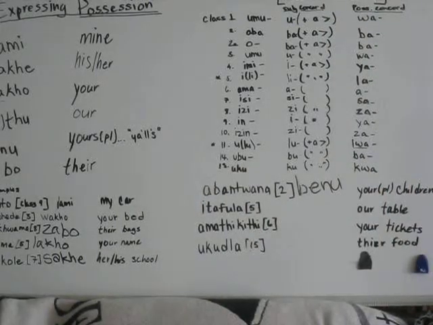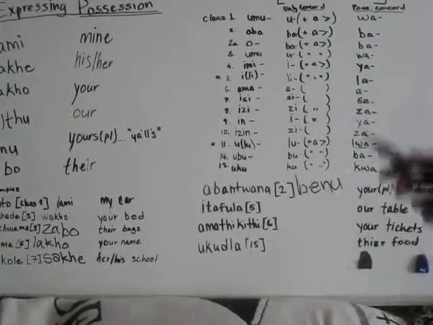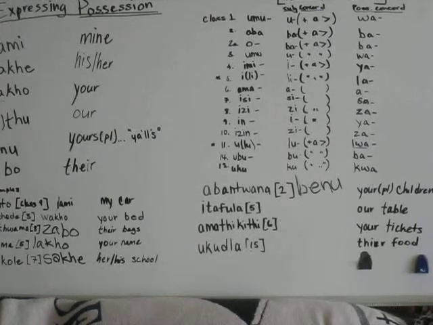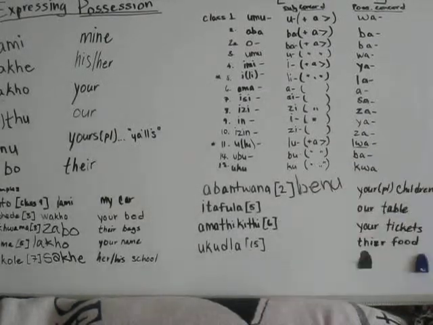Okay, so next one we have itafula, which is table, and this is also a borrowed word. I don't know if all borrowed words, but a lot of borrowed words are in class 5. Just like igati is a borrowed word. If you notice, it sounds a lot like cat, igati.